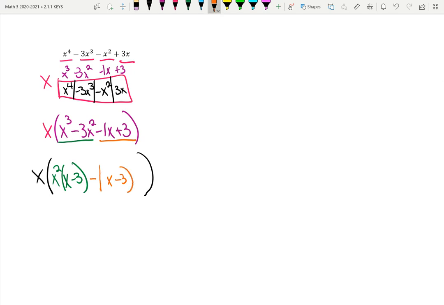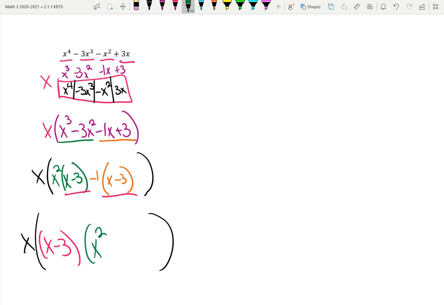Let me make that a little more clear. By factoring out a negative 1, it enabled me to get a positive x and a negative 3, allowing me to match. So this is going to produce, remember this x is just there in the front, x minus 3, and then what's left? X squared minus 1.